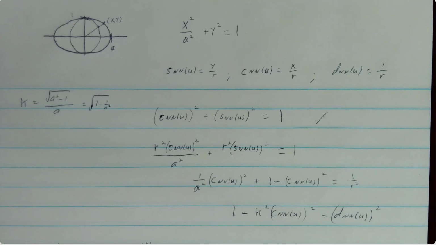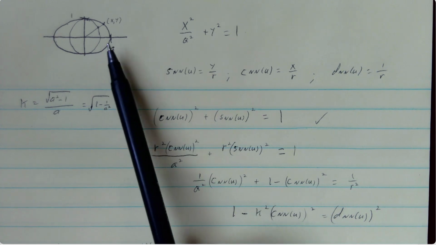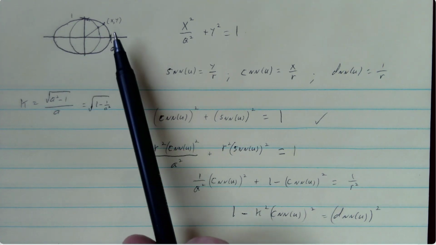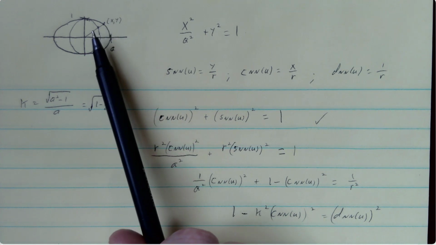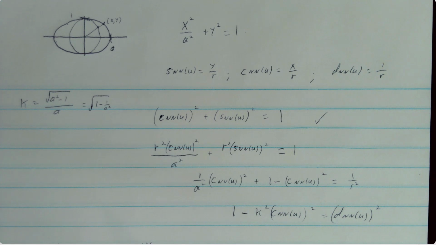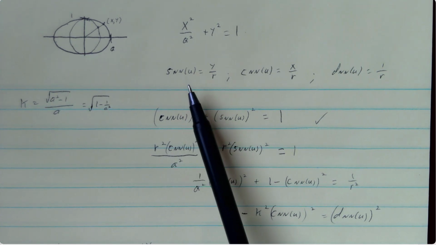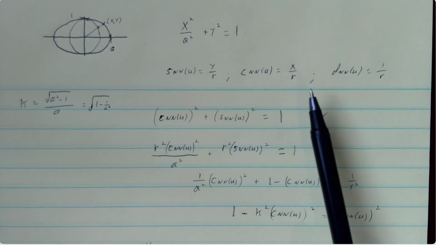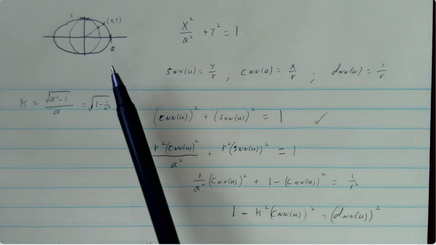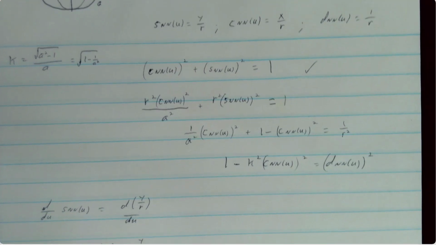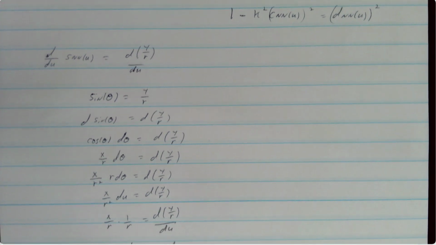The same thing happens if I try to do it for the ellipse with the major axis horizontal. If I just go straight to the unit circle, like I just did for the vertical ellipse at the start of this long video, so if I did Sn is y over r, Cn is x over r, dn is 1 over r, keeping the minor axis 1, then essentially the same thing is going to happen.